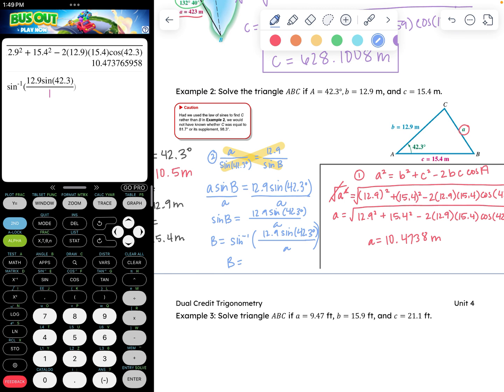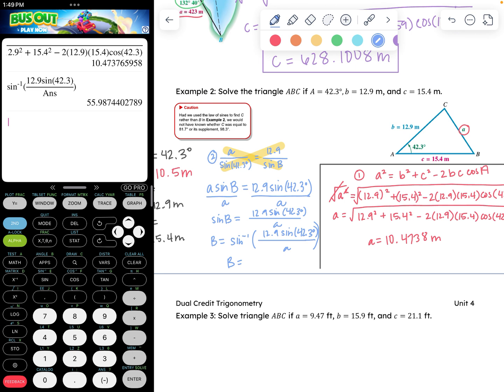And then in the bottom, I'm going to do second and the negative sign. ANS stands for answer. It's going to take my most recent answer, which is the value that I got for A, and it's going to take that exact value instead of the rounded decimal answer. So then from there, I can hit enter, and it gives me my answer.